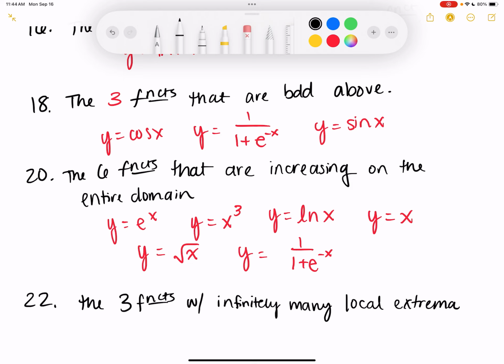Local extrema just means that it's where the graph is hitting a maximum or a minimum point. In local ones, you can have a ton of those. You can only have one that's an absolute max or min value. So basically, which of the functions are continually turning around and changing direction?